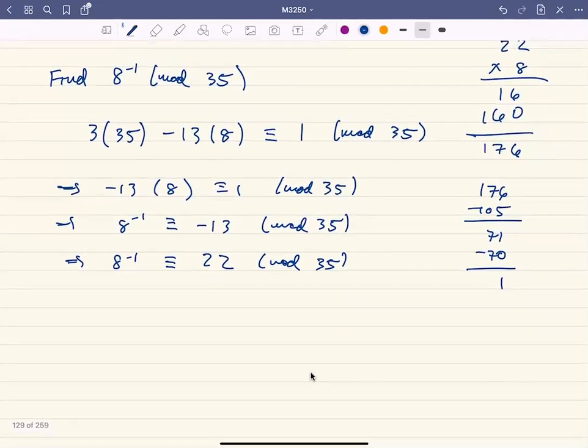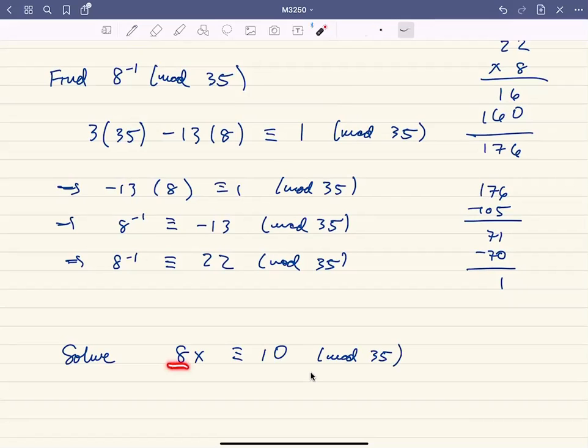And then one final step, let's solve 8x is congruent to, say, 10 mod 35. We know that there will be a unique solution because 8 and 35 are relatively prime, and we saw that when a and m are relatively prime, there's a unique solution.